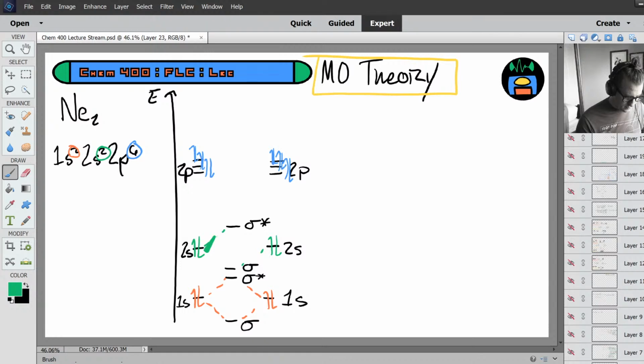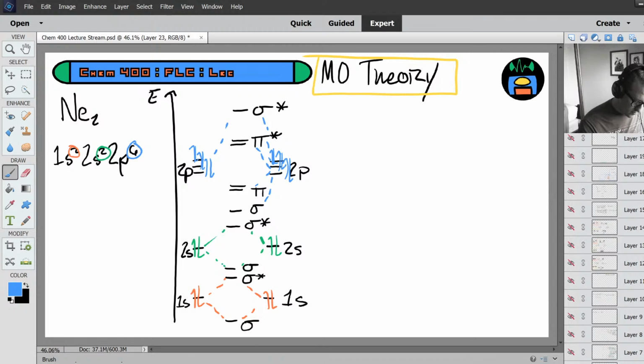And then our p orbitals mix to form sigma, 2 pi, 2 pi star, and sigma star. And all the glorious dashes that accompany them.